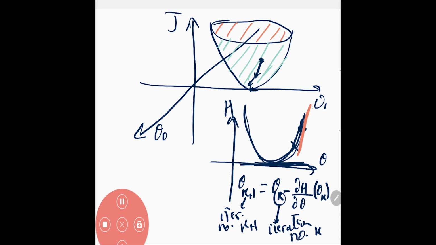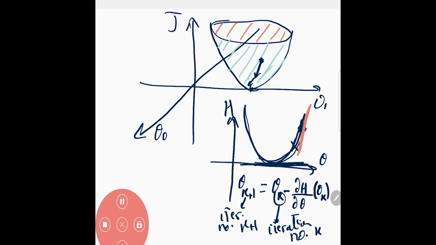So this slope basically has a positive value. We can say that it has a large positive value since it's almost parallel to the x-axis. So if we subtract that derivative value from theta k, we'll end up moving somewhere here because the value of theta would decrease.